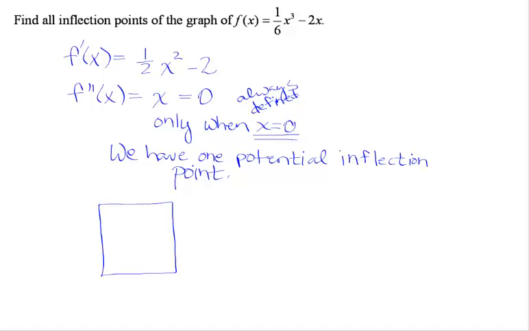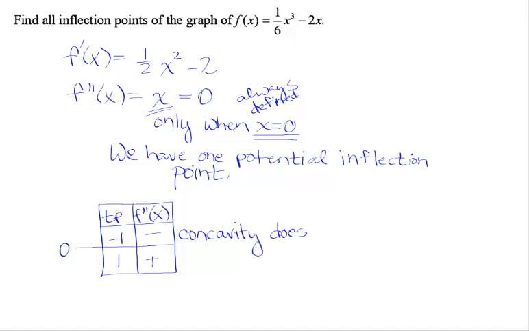Here's what our testing looks like. We're going to clearly label for the AP reader so that they know we know what we're doing. I'm going to plug my test points into my second derivative function. When I plug a negative into y equals x, I get a negative out. When I plug a positive into y equals x, I get a positive out. Concavity does change.